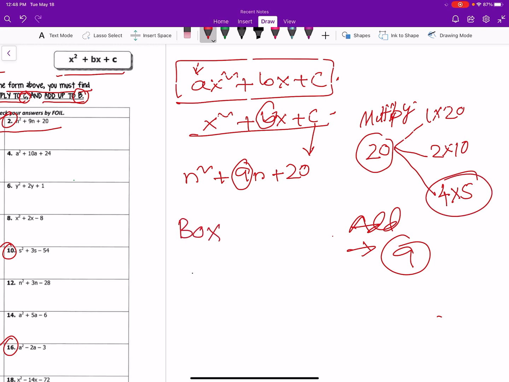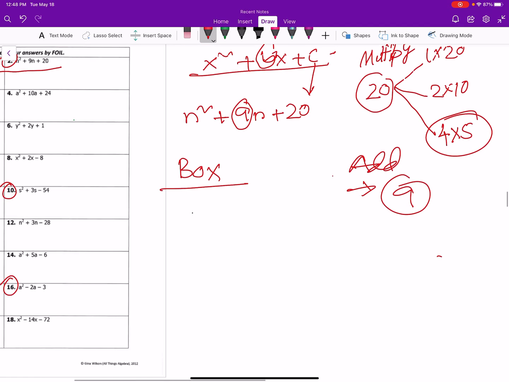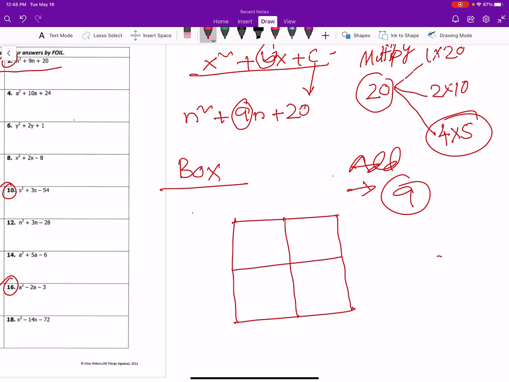Okay, so then I'll show you two methods. One is the box method. In the box method, what we do is draw a box, and then write down these two, n squared and 20, in the corners. Then our job is to split this middle term into two integers.